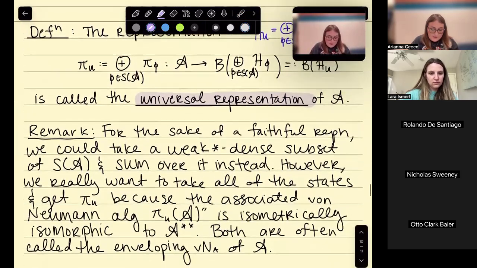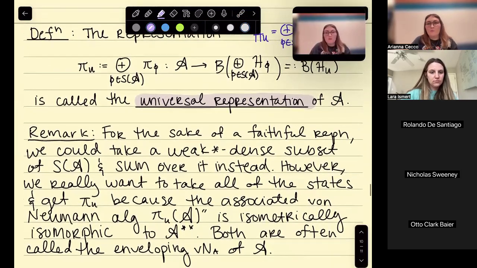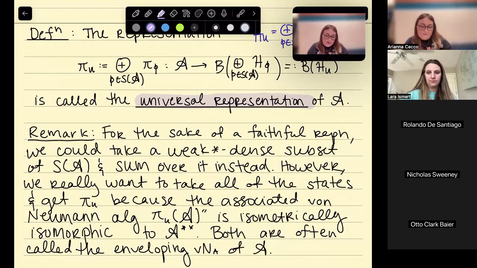There's a remark in the notes, and it's a little long, but I thought it was a good one, so I'll just say it out loud. If you wanted to get a faithful representation, you could take a weak star dense subset and sum over that instead.